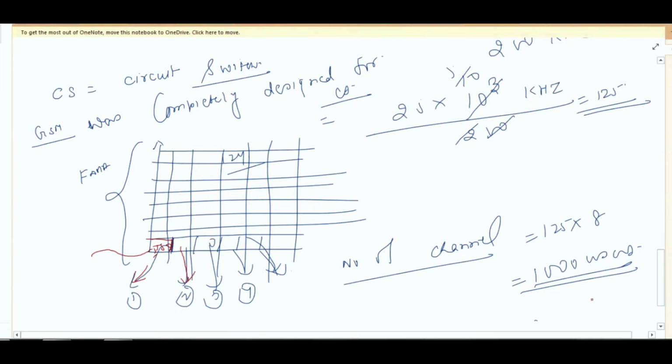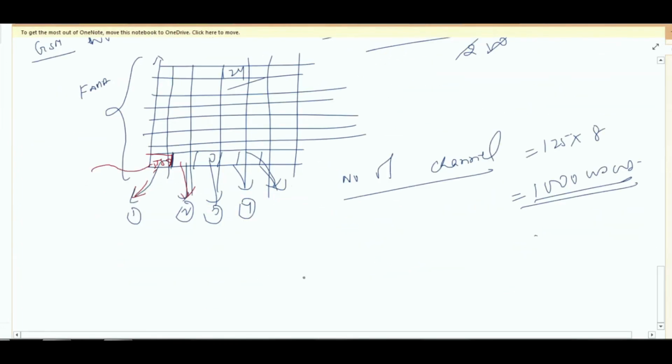Why? Because when 2G was designed, it offered a 13.8 kbps data rate. Even with this data rate you get very good voice quality.